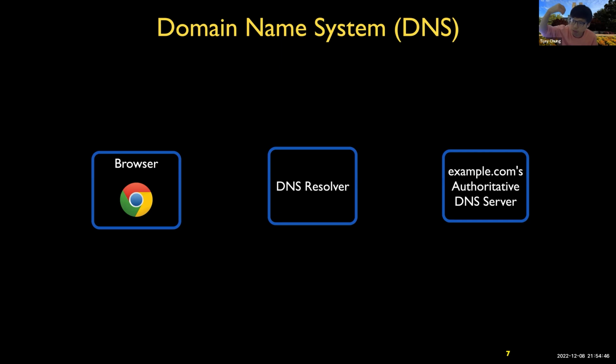And also from the management perspective, if you forget to roll over keys correctly, then this single mistake can cause an outage of your entire web server. I'm sorry, DNS server.